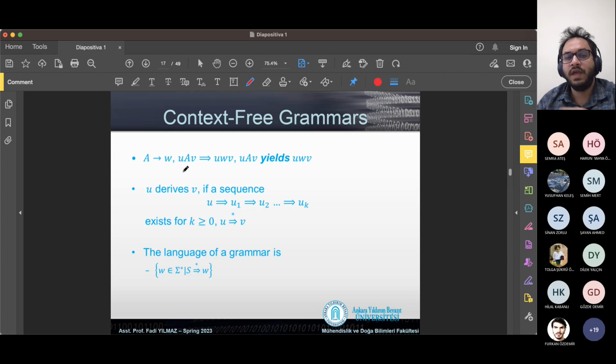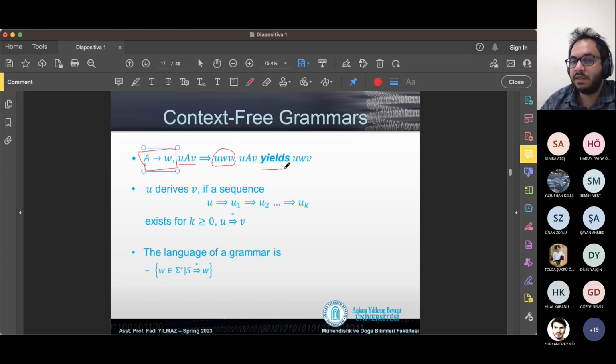By using this substitution rule, A can be replaced with w. Here u and v are just parts of strings. By replacing A with w, we can derive the string uwv. Here we say uAv yields uwv. Yields is the word, okay, guys?